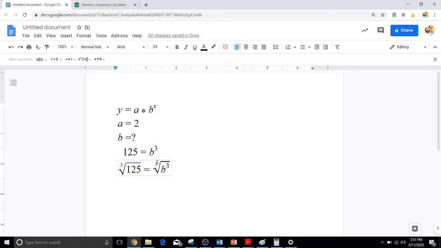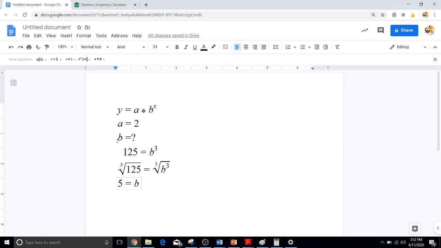As you guys know, this cube root and this cube are going to cancel out, just leaving us with b. And we just found that the cube root of 125 is the number 5. So in other words, we know that 5 is equal to b.